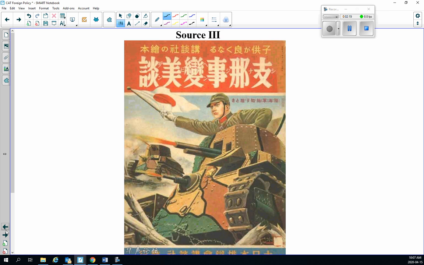Source one and three saw short term gain for the countries involved. So, Germany acquired some territory in the short term. Japan acquired some territory in the short term, but neither country could keep it. By 1945, both countries had been defeated after World War II and actually would be divided up in some cases and even occupied by their enemies during the time after World War II.